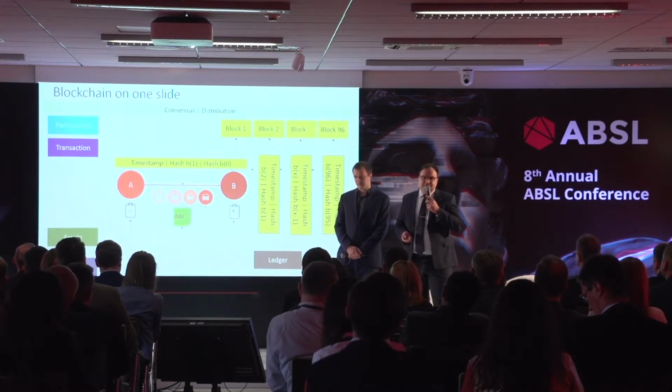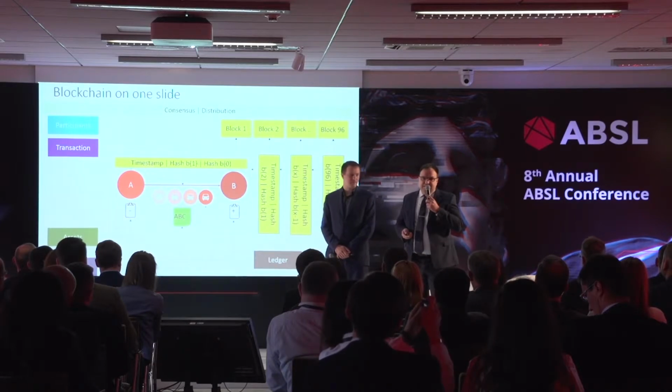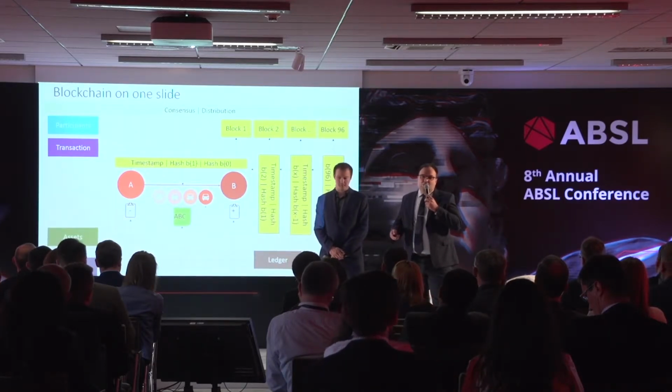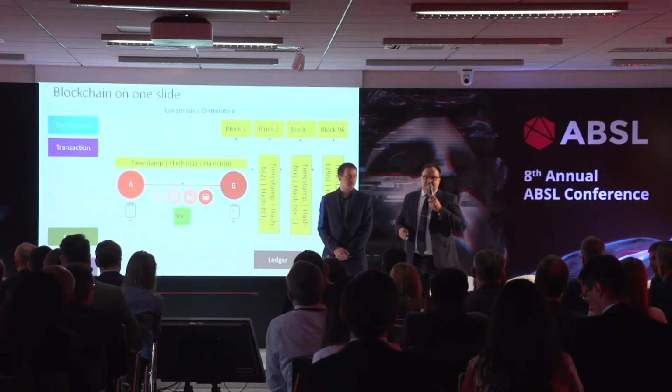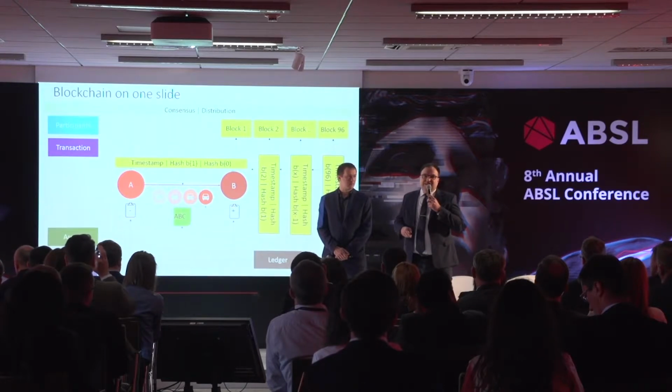Which means that through some elements of cryptography, an attempt to make any change whatsoever in one block within blockchain is going to be easily verifiable because the state of all other blocks is going to change as well.